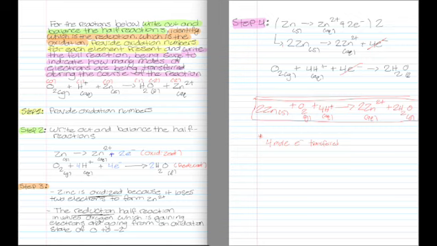There's 1 mole of zinc on the reactant side, and 1 mole of zinc on the product side. However, we need to make sure the charge is balanced as well. In order to do this, we'll add 2 electrons to the product side, therefore canceling out the 2+ charge and giving us a neutral zinc on both. This half reaction is oxidation, but we'll get to that in step 3.